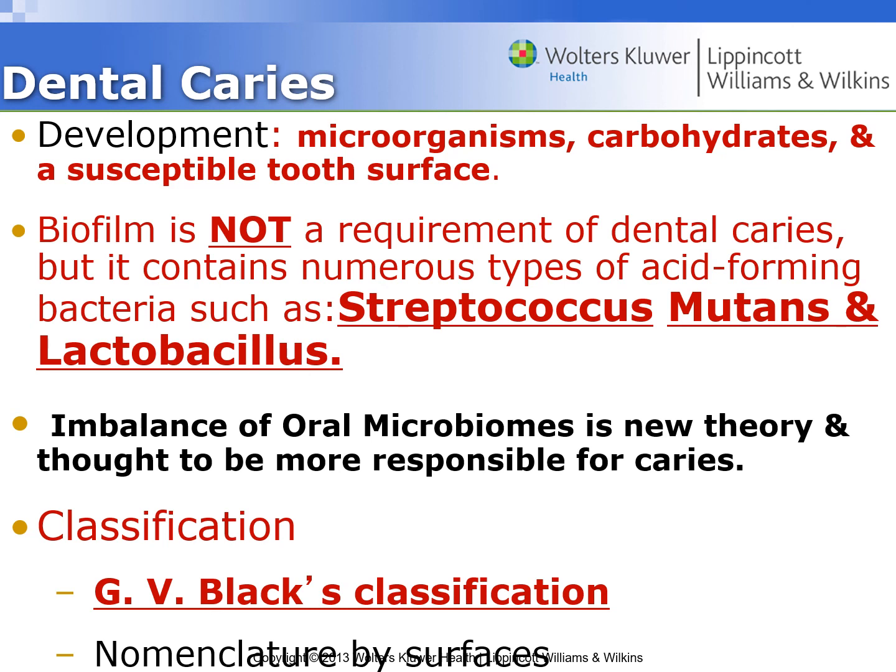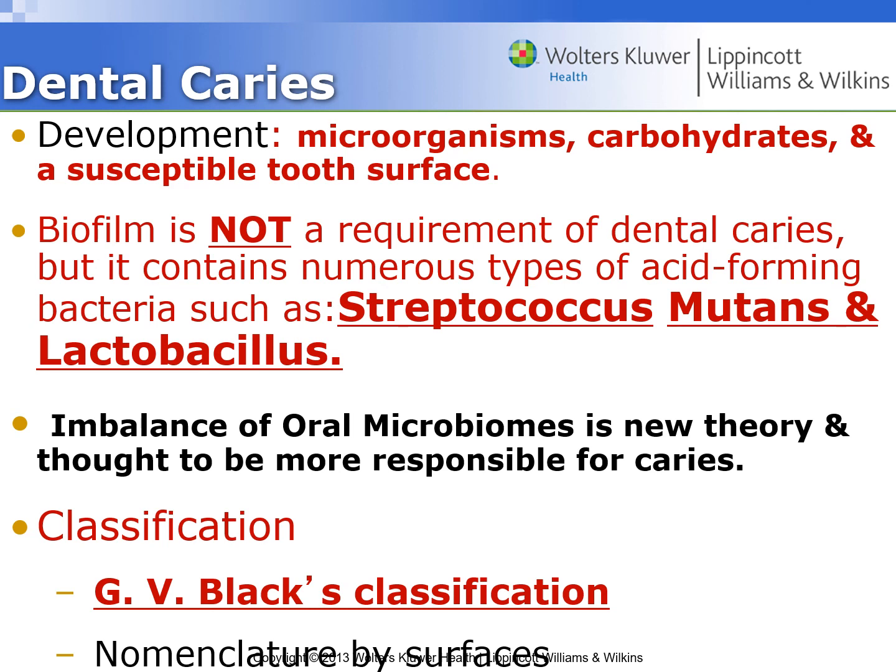The imbalance of oral microbiomes is the theory, in that when a tooth is not being taken care of, it's going to have so many oral microbiomes on it all the time, and there's no balance anymore.